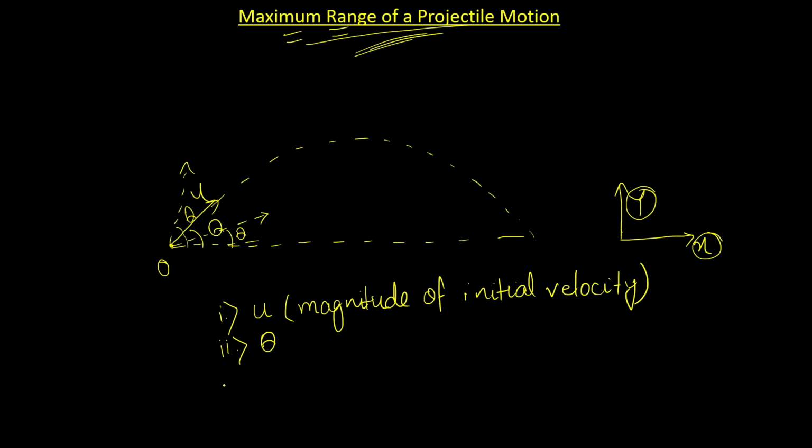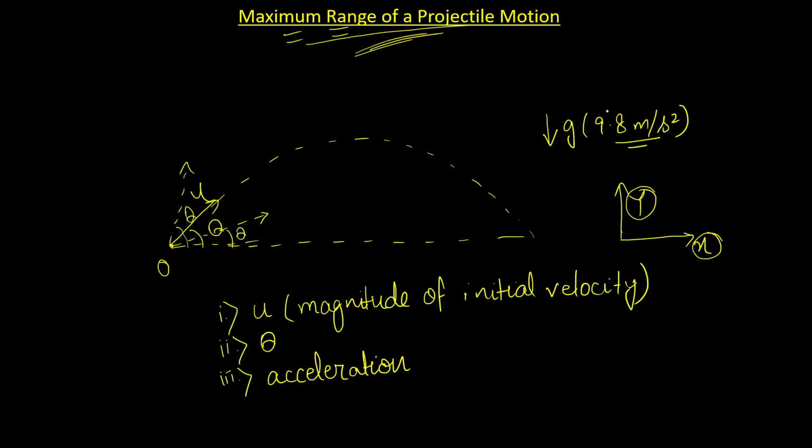The third variable on which this range depends is the acceleration. In our case, we have a constant acceleration of small g in the downward direction, 9.8 meters per second square approximately. But what if this acceleration increases or decreases?